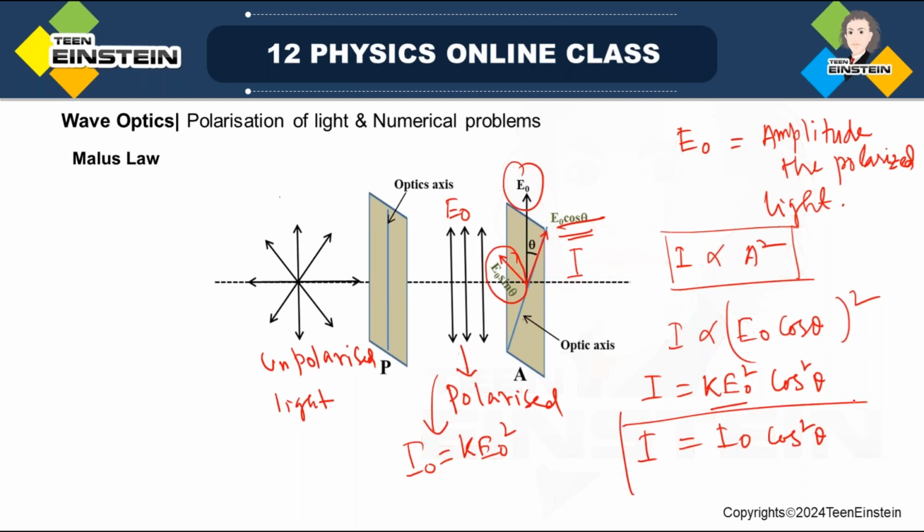This is what is actually called Malus law, the mathematical form of Malus law. So I is equal to I0 cos square theta, where theta is the angle between the optic axis of the polarizer and the optic axis of the analyzer. So this is Malus law.